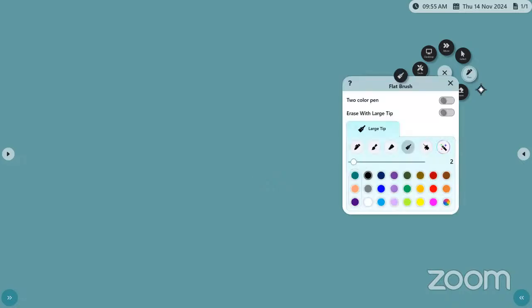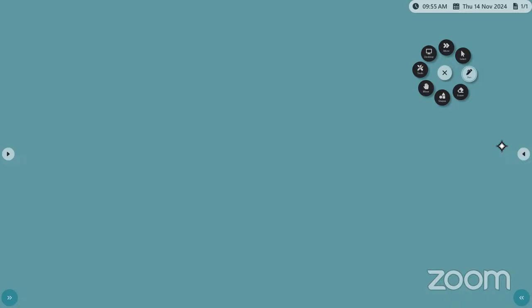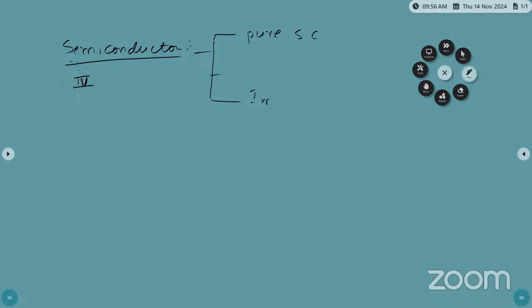Now, semiconductors. In the periodic table, the third group, fourth group elements, basically these semiconductors are divided into pure semiconductors and impure semiconductors.